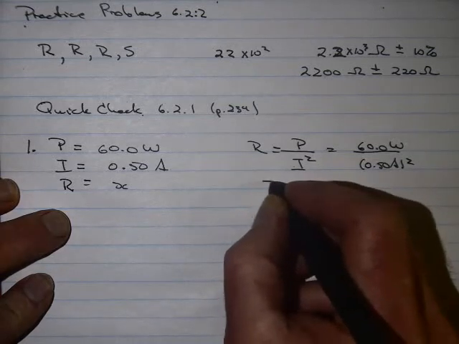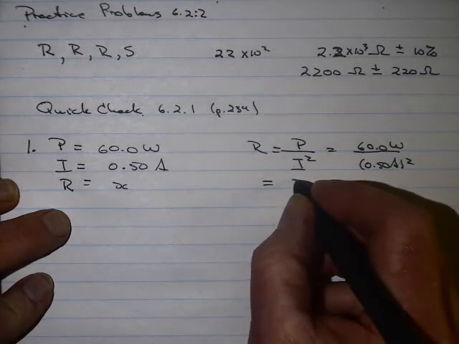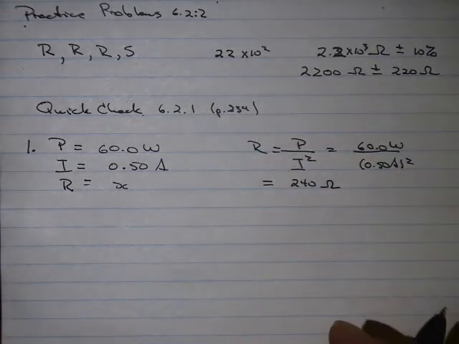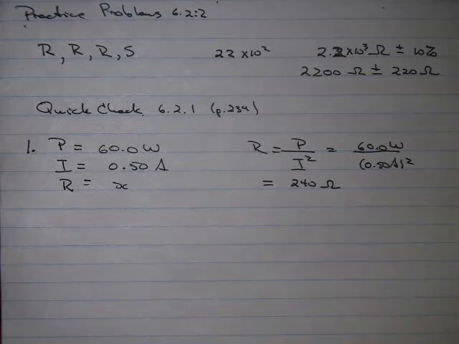And this will come out to, if I did it right, 240 ohms. Alright? And the rest of them are pretty much the same. You just go back and you find the appropriate equation, and bam, Bob's your uncle.